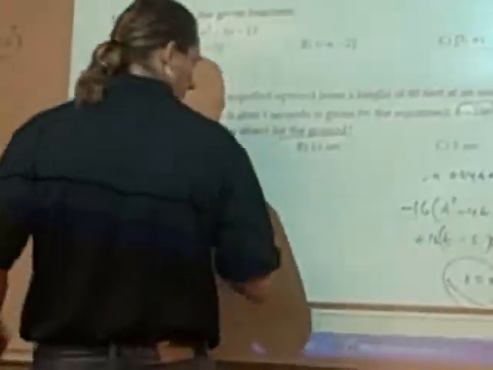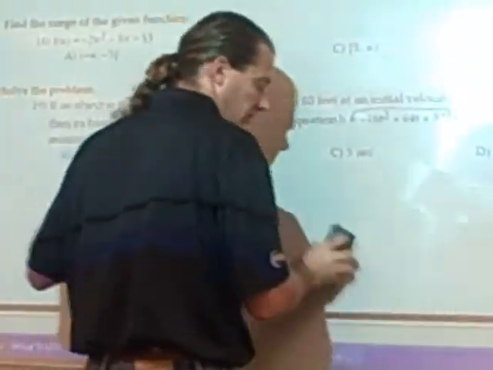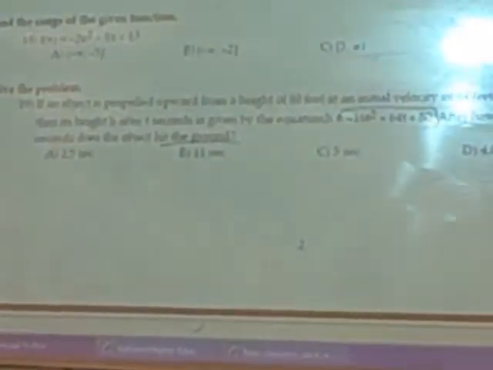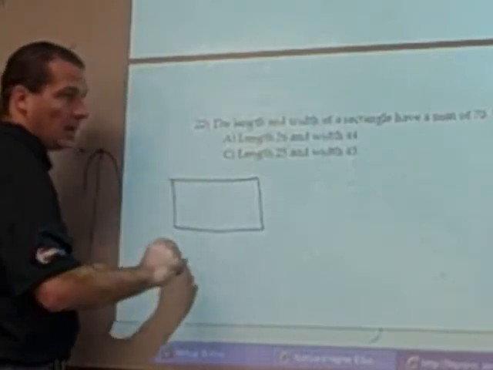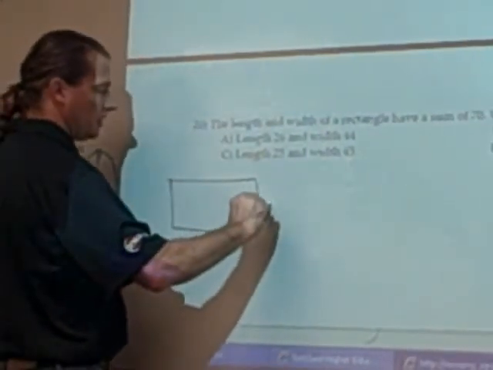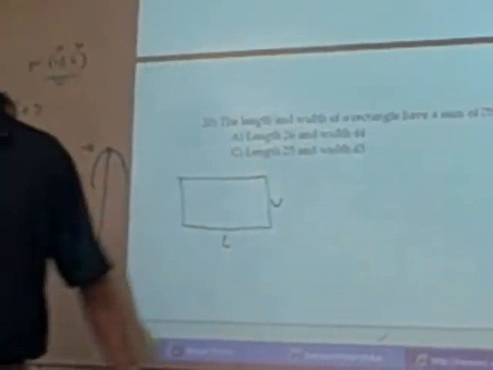And the last one on part A is a word problem about the area of a rectangle. For this problem, you have the length and the width only add up to be 70. Now, in the last class, I actually made a mistake here. I was in a hurry.